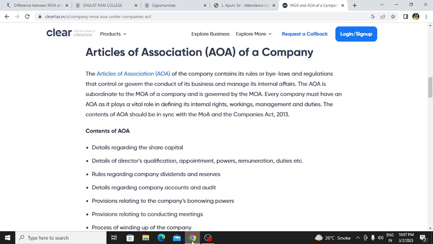AOA of a company, article of association of a company, contains its rules, bylaws and regulations. So basically it contains all the rules and regulations and controls and governs the conduct of its business and manages its internal affairs. So AOA is of a subordinate nature to the MOA.